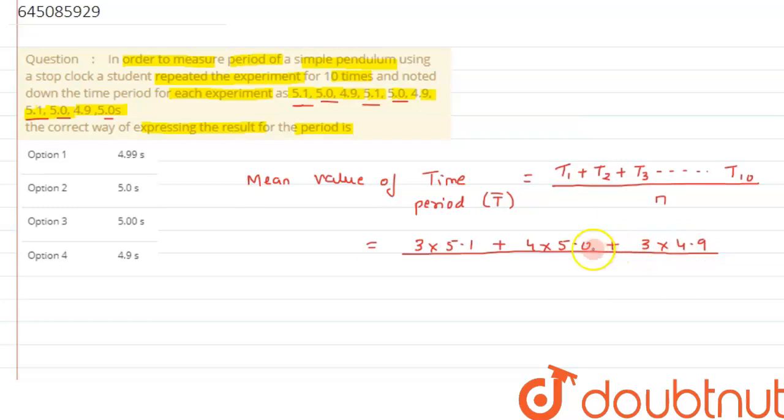Repeated terms we have taken once and multiplied by the number of times they repeated, divided by 10. So this comes out to be 15.3 plus 20 plus 14.7, divided by 10.